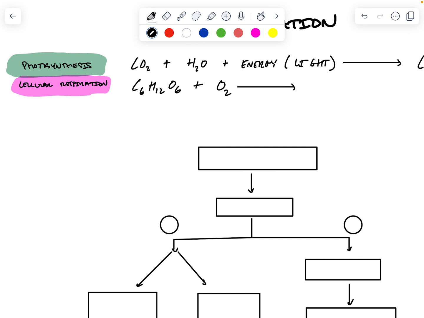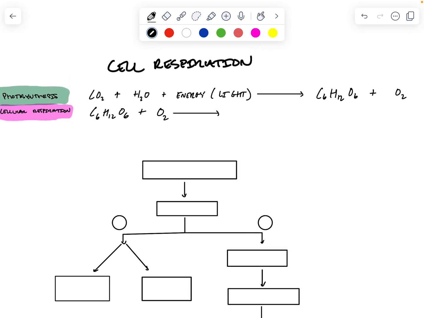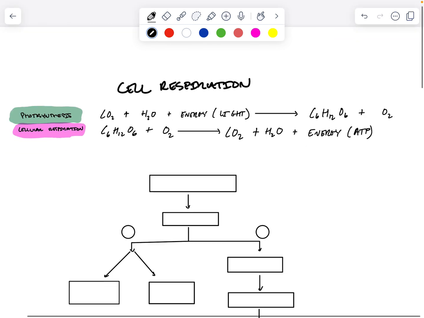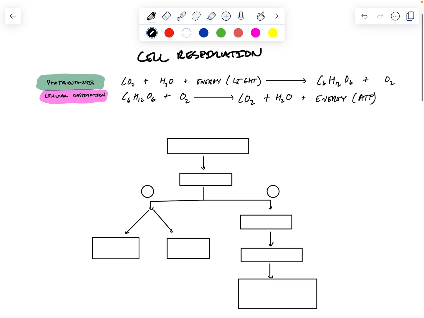And then out, we get CO2 as a gas, H2O, either as a gas or as a liquid, and energy out in the form of ATP.